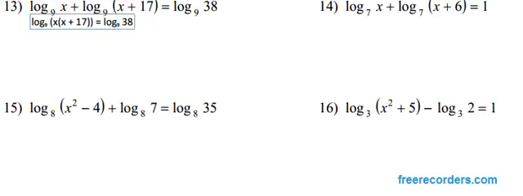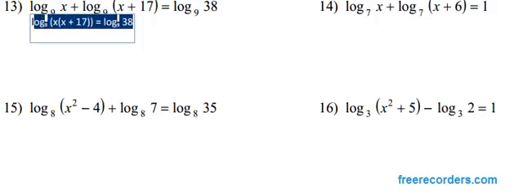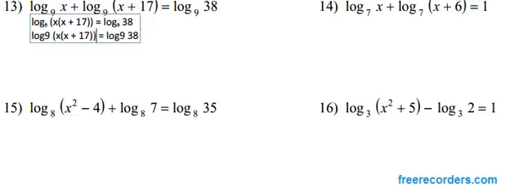And now I have a single logarithm on both sides. I can raise, the correct way to say this, I can raise 9 to the power of each side of the equation. So I'm going to cheat and copy my expression.